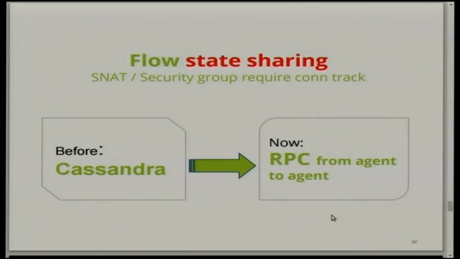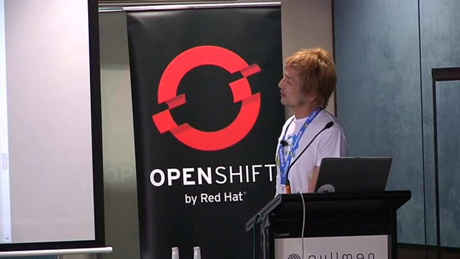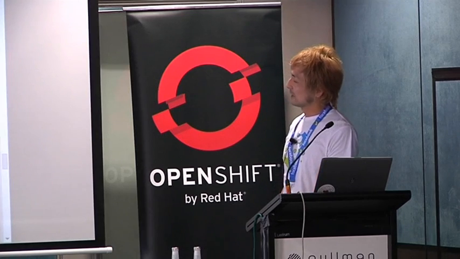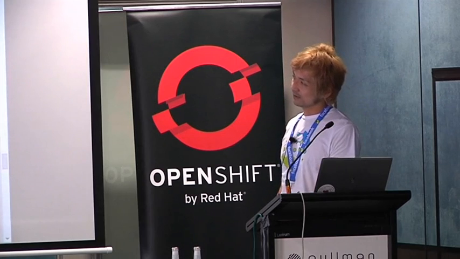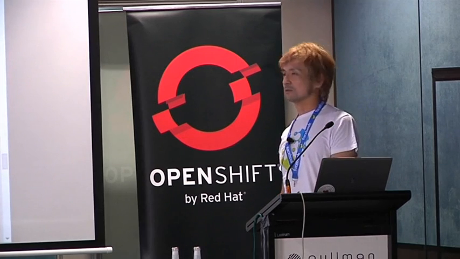Still, SNAT and security groups require some connection tracking because the return packets may not come through the same gateways. For that state information we used to use Cassandra, but that's blocking code, which adds some overhead.